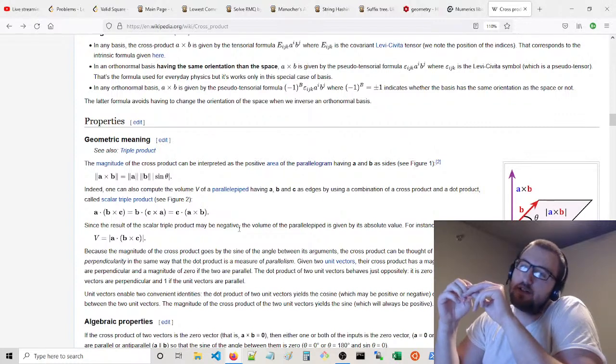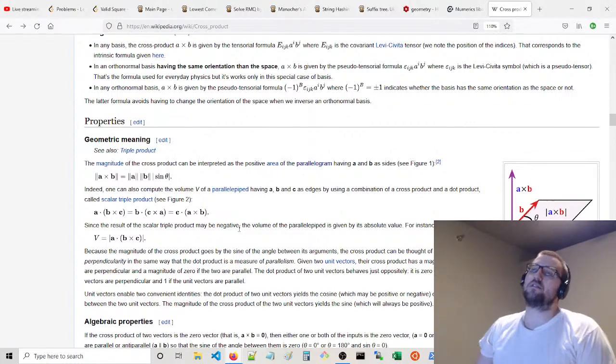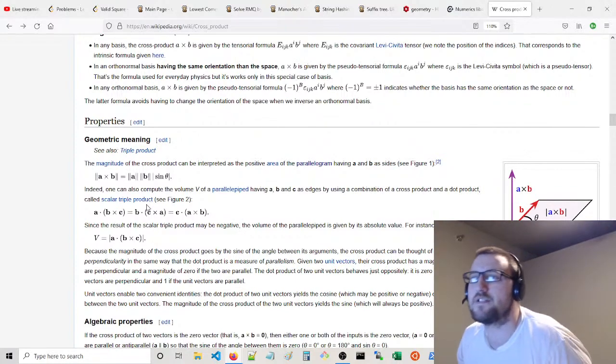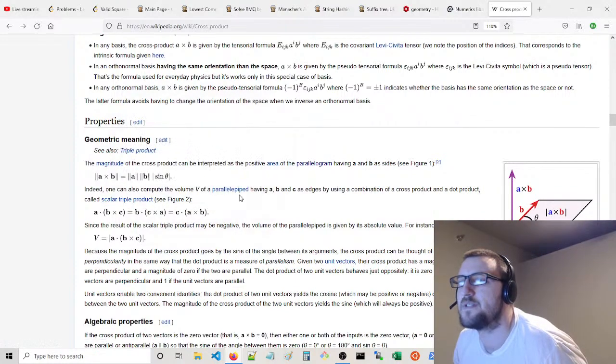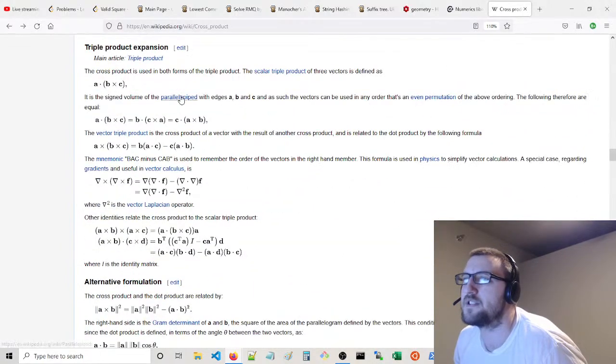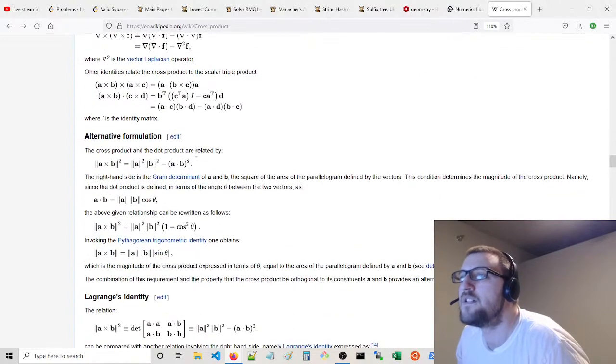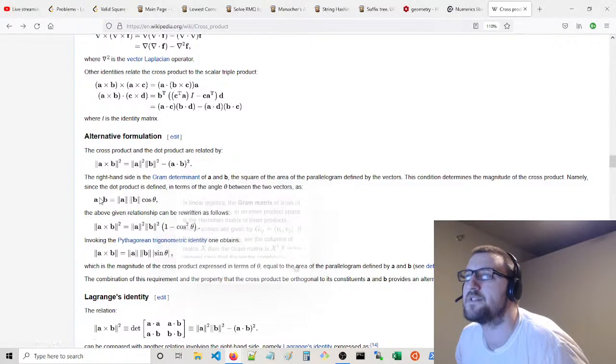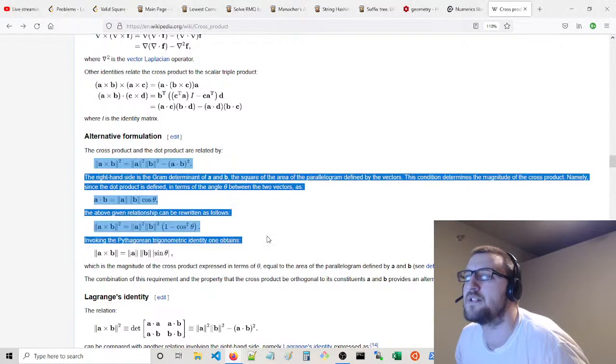If you want to avoid using the arc cosine function call, then you can also use the cross product. The cross product and the dot product are related by the following Gram determinant.